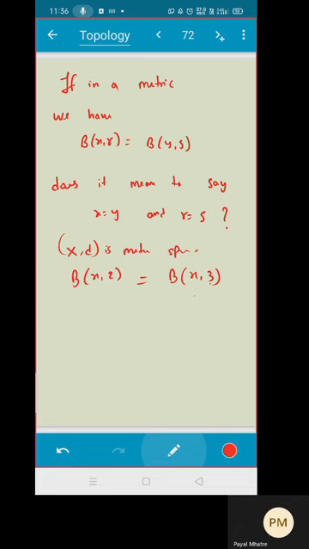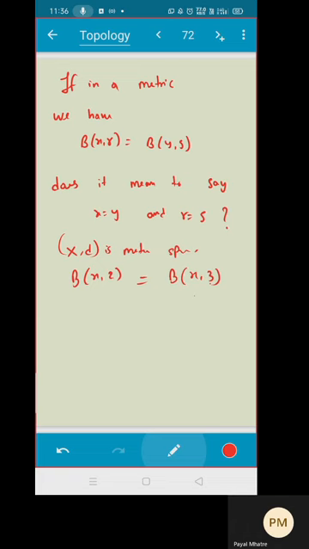Okay, let me ask some more examples. So what is the conclusion? Does it mean to say x equals y and r equals s? No. You will find this type of question in your practical sheet. If you see the practical MCQs, then you will find them.